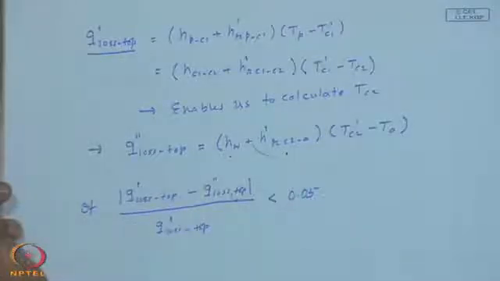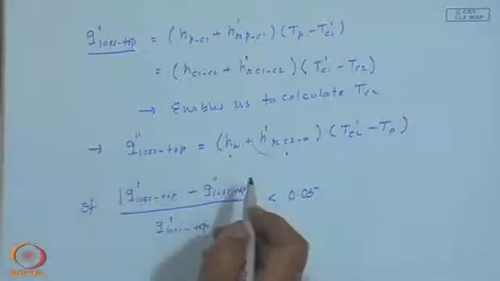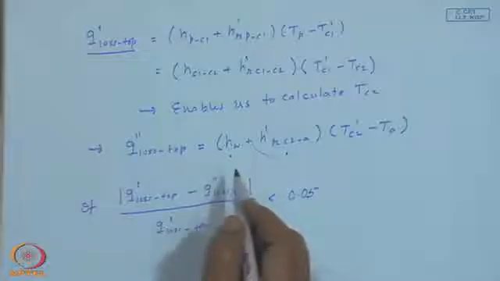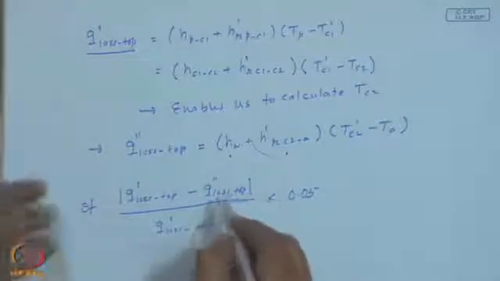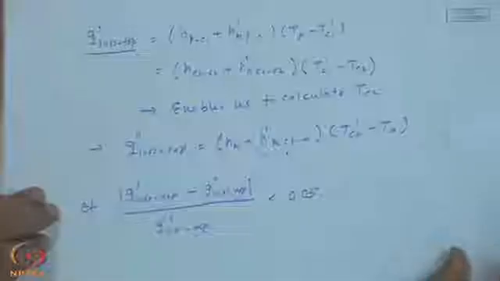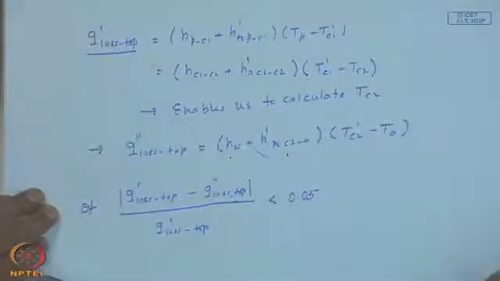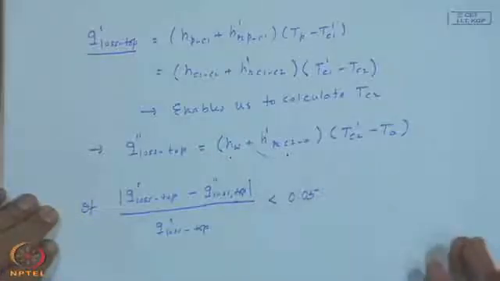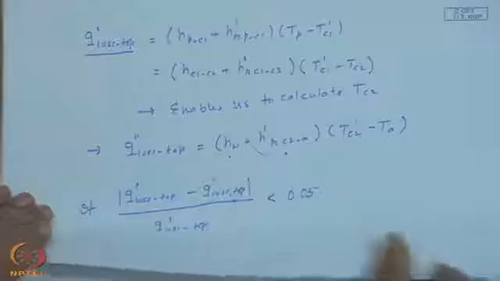That means, the difference in the guessed heat transfer from the top because of a guessed cover temperature should balance with whatever is the outgoing heat loss. As a consequence, these two should not differ by more than 5%. I may set it as 2%, 10% depending upon the accuracy that we need.